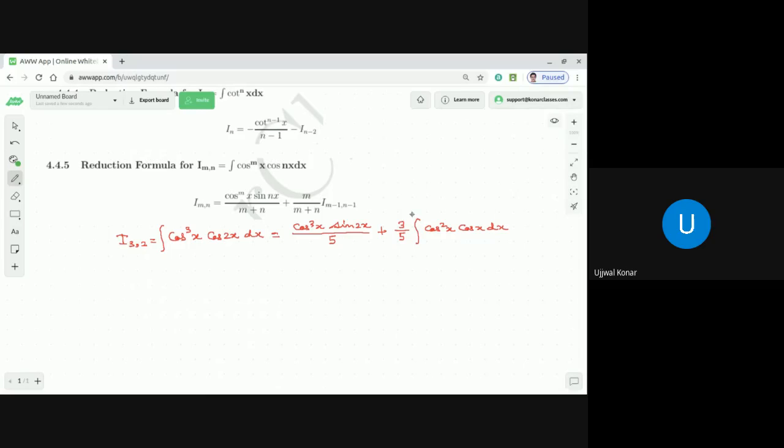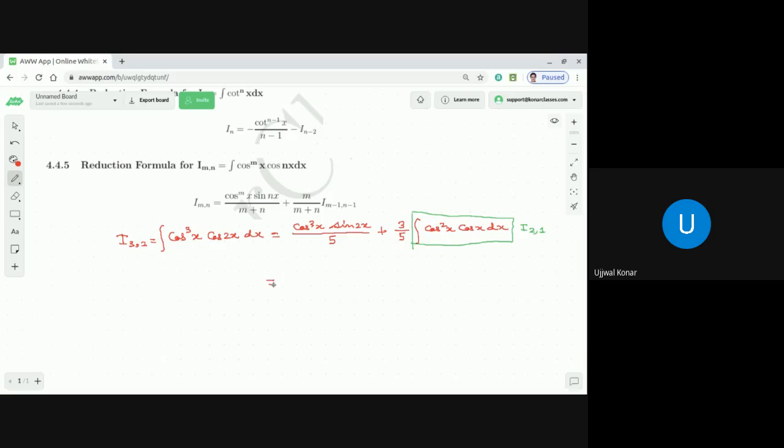Instead of this, we can write that this is I_2,1. So now again we can apply this one. I_2,1 means cos square x into sine x by 3 plus 2 by 3 into, so let me do it, then you'll get it.